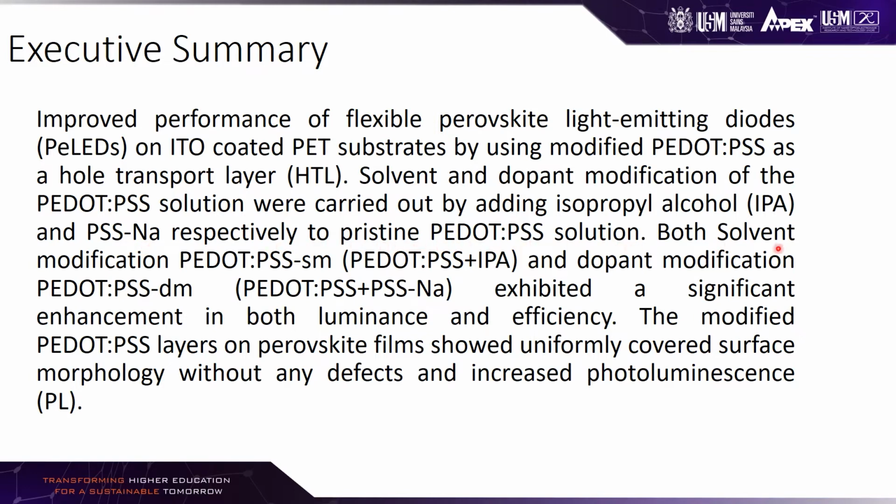Both solvent modification PEDOT:PSS SM, which is PEDOT:PSS plus IPA, and dopant modification PEDOT:PSS DM, which is PEDOT:PSS plus PSS-Na, exhibited a significant enhancement in both luminance and efficiency. The modified PEDOT:PSS layer on the perovskite film shows a uniformly covered surface morphology without any defects and increased photoluminescence.